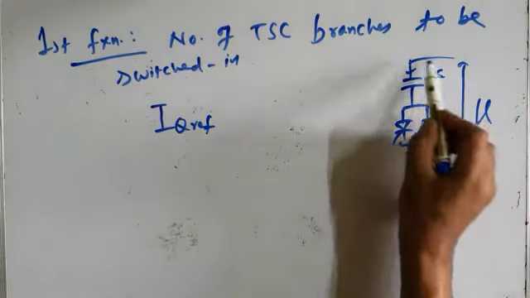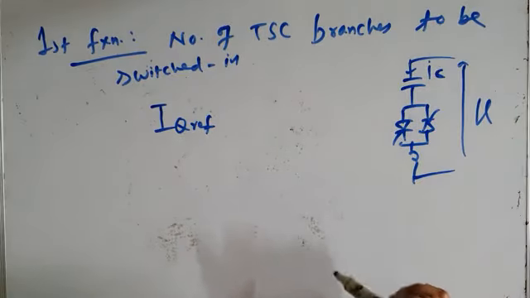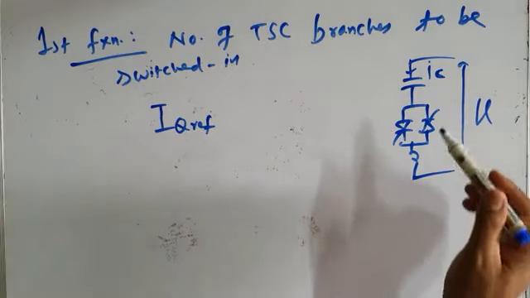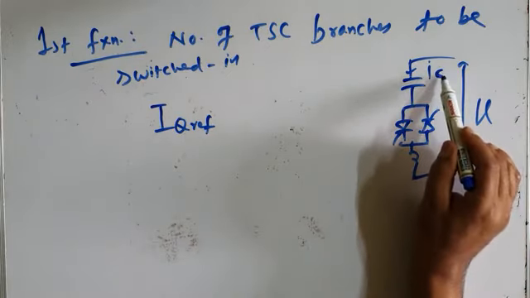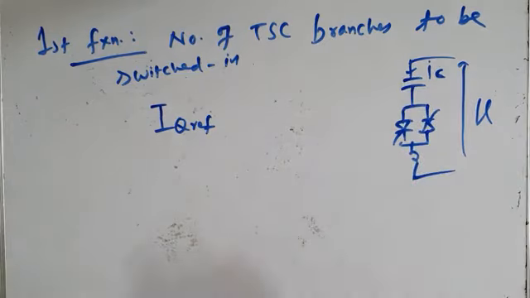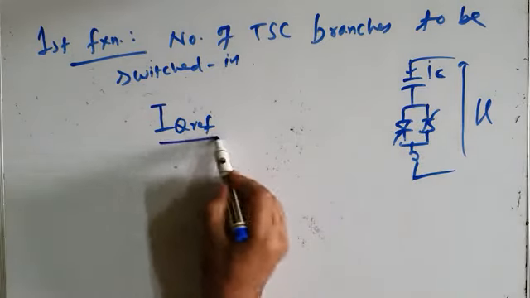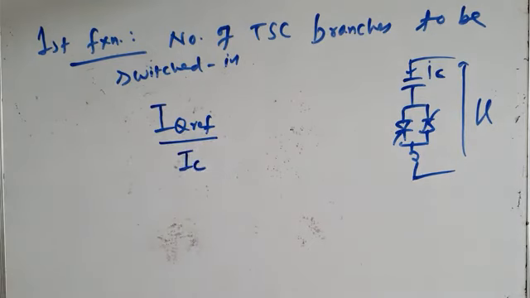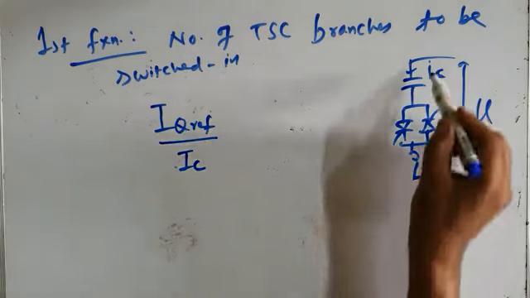Therefore, before switching in the TSC branches, a preliminary action has to be done, and in advance your controller must know how much capacitive current is drawn by one TSC alone. Then it divides this IQ ref by this capacitive current IC. IC is the current drawn by one TSC branch.